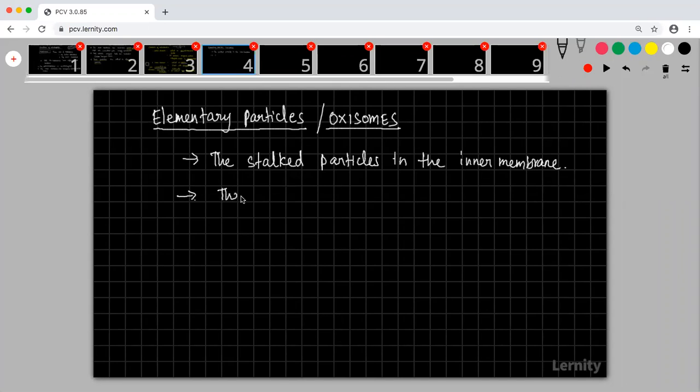They are numerous, 10 to the power 4 to 10 to the power 5 per mitochondria.